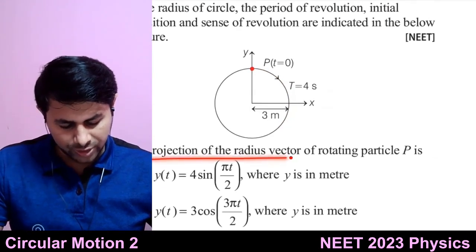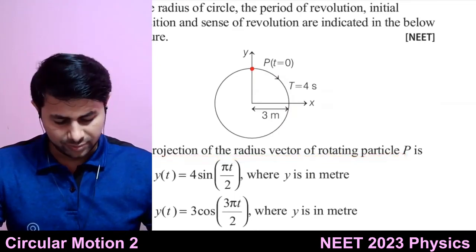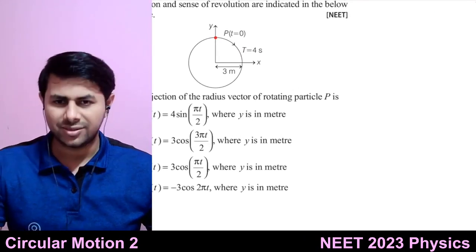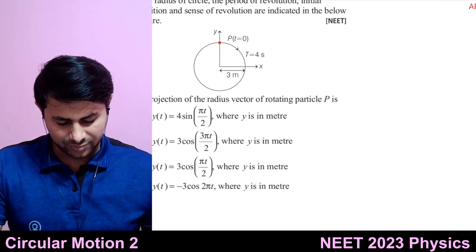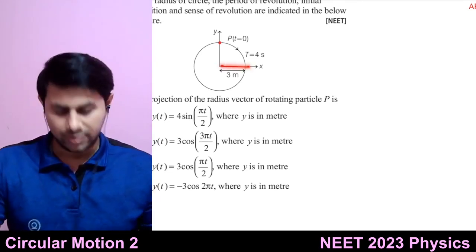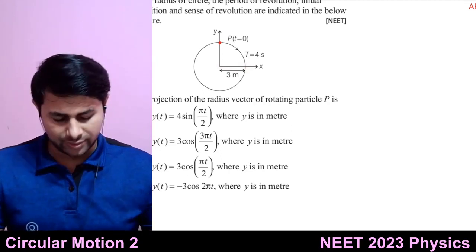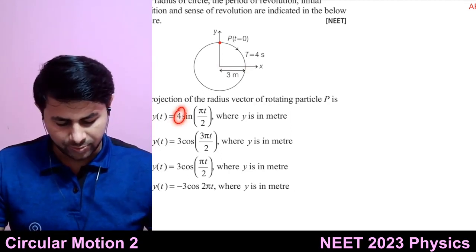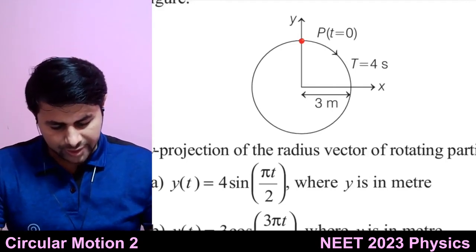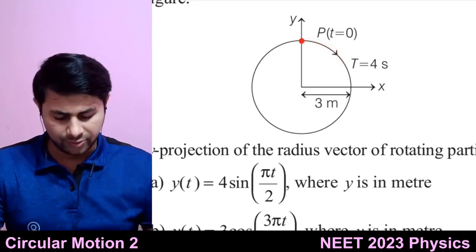So the y projection of radius vector of rotating particle P is, tell me. Okay, you want to see the options? What is radius? 3. So it is r sine or cos. Okay, right? So 4 cannot be the answer. See, the object starts from this point, it moves like this, clockwise sense.